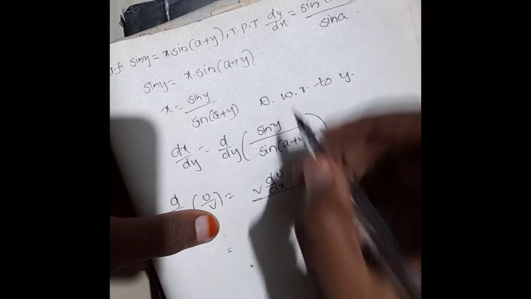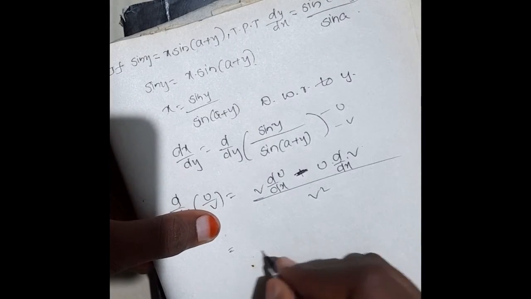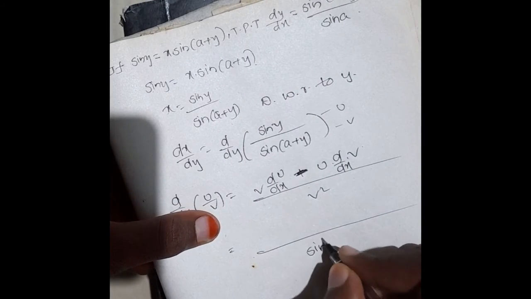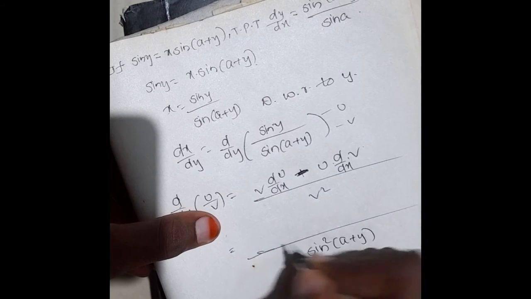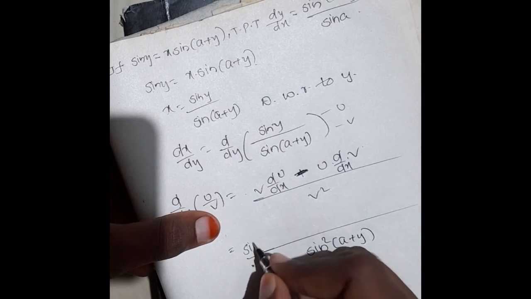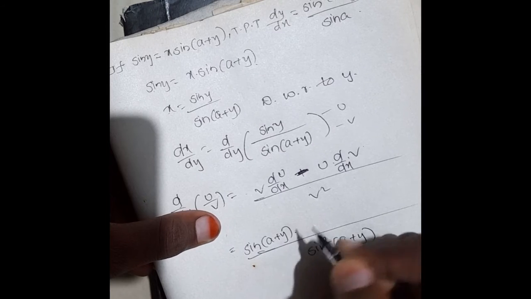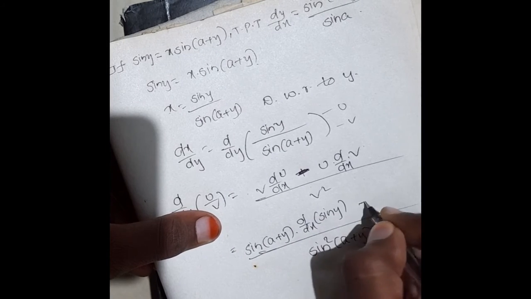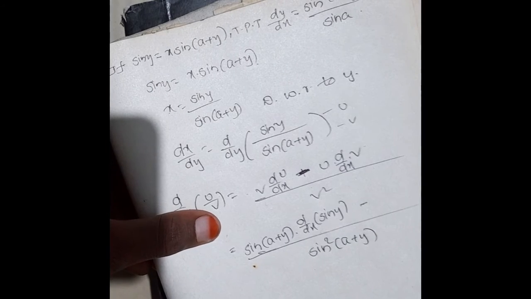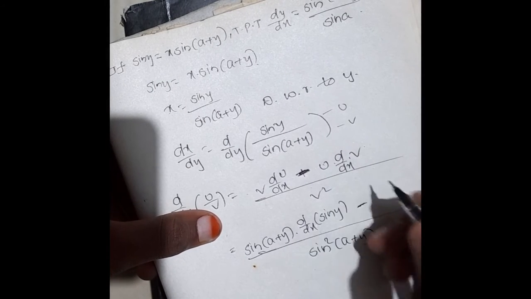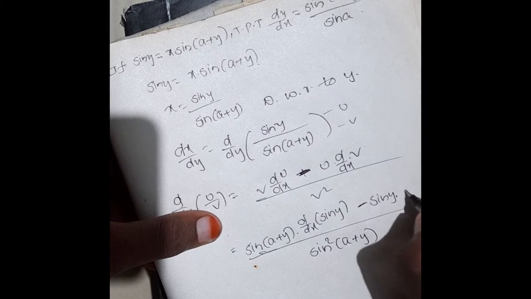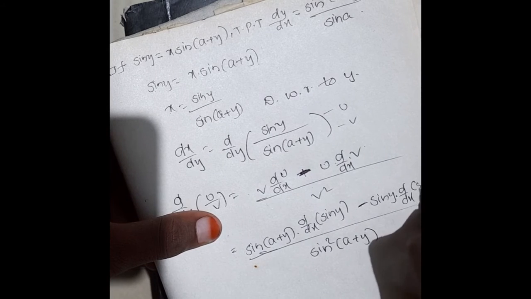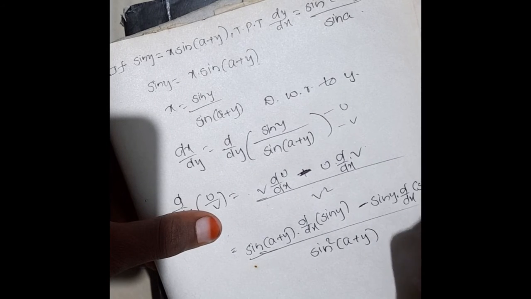Here this is u and this is v. Now v square is sin square of a plus y, and v is sin of a plus y. What is u? Sin y.